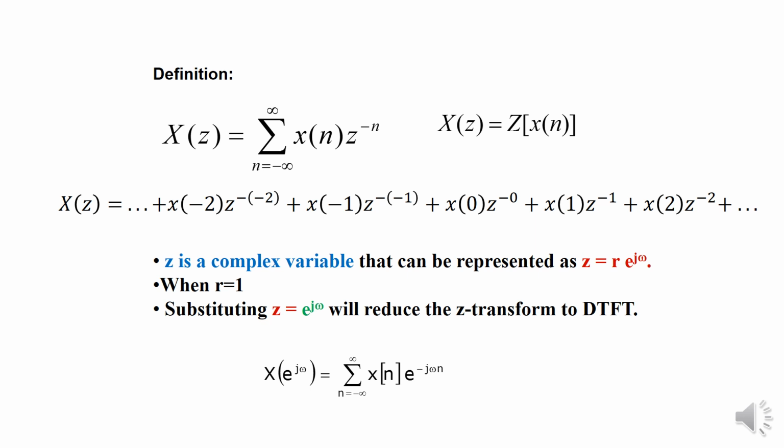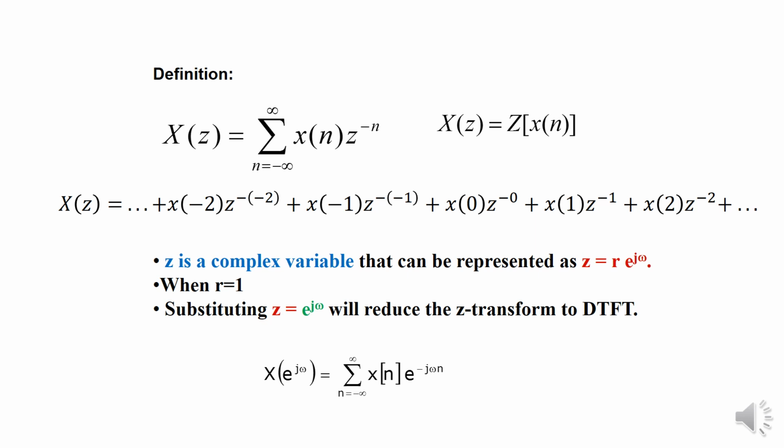So what we have to do is we will have x[n] values, right? Then when we substitute x[n] values in this equation, we can get Z transform as the output. Okay, so X(z), I have expanded this series for a few terms, right? It will start from minus infinity, but I will show you only a few terms.